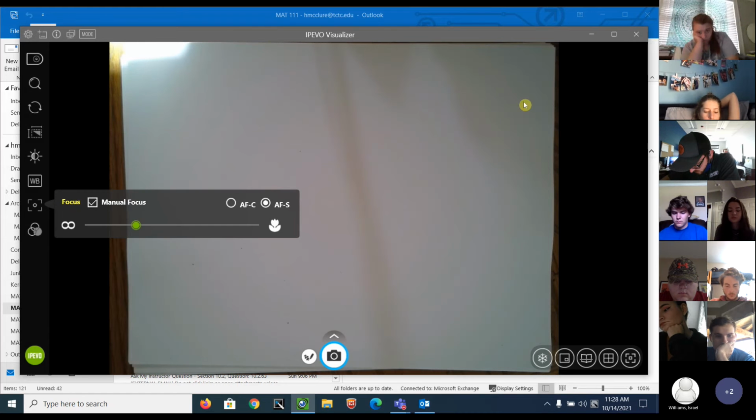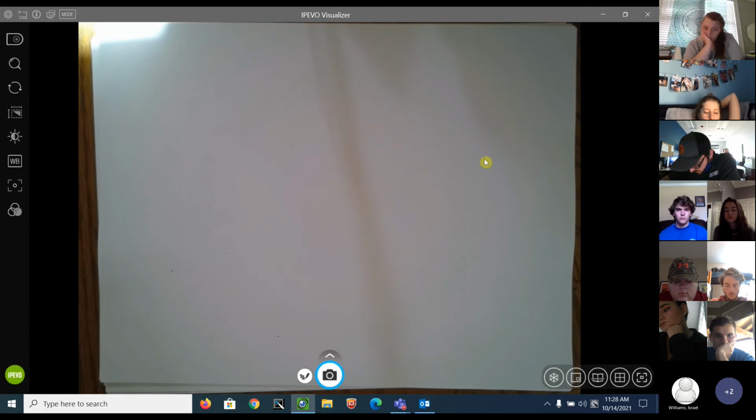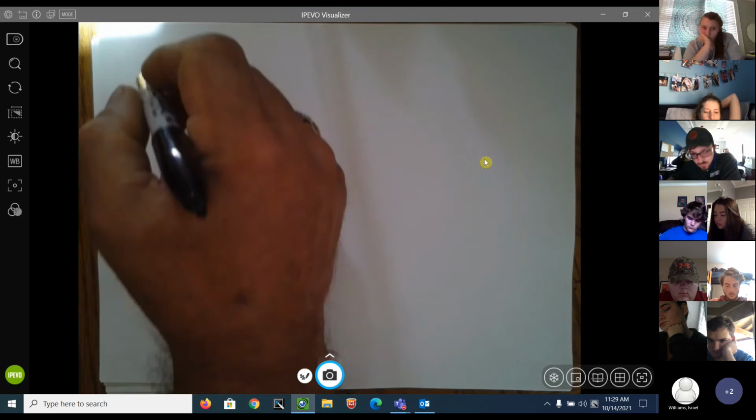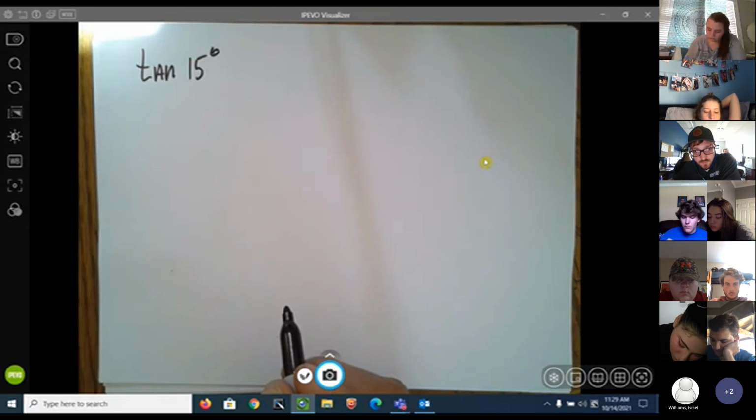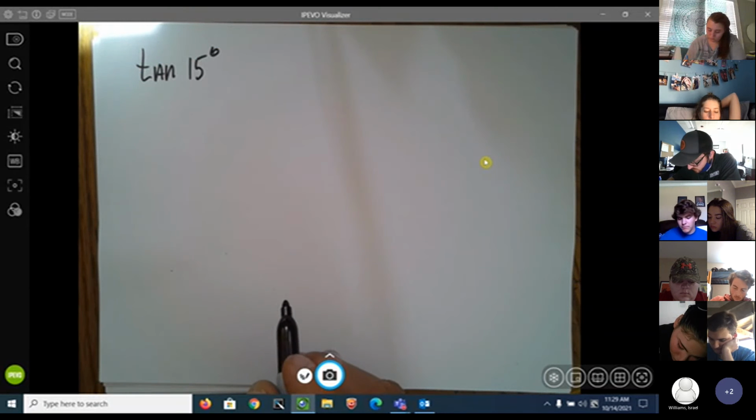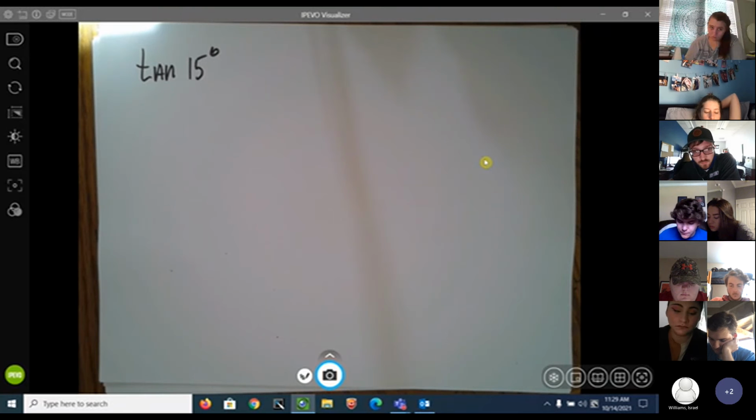Okay, here we go. I'm just going to write these individually. It says drag one of the values given into the appropriate area to match the expressions below. One of them is tangent of 15 degrees, and it's got 6 choices.